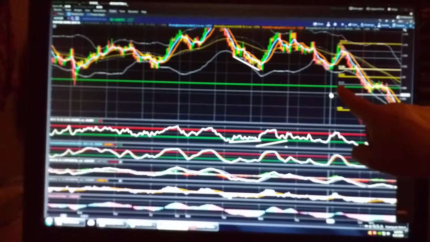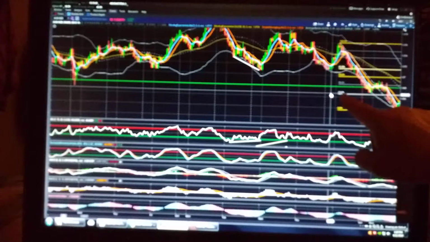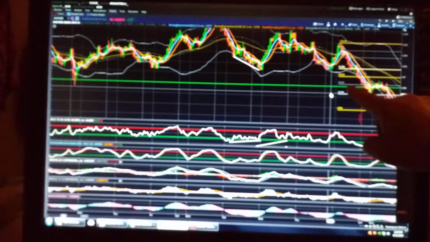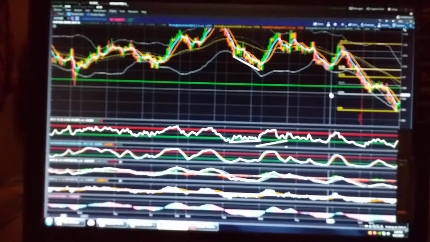So if this is our target 1, I call this the 23.6 a pre-TP1. So we have a pre-TP1, then we have TP1. Then we have the 50%, which I call pre-TP2, and 61.8, which is the golden ratio. That's the legitimate, valid, well-established TP2, or our target 2.